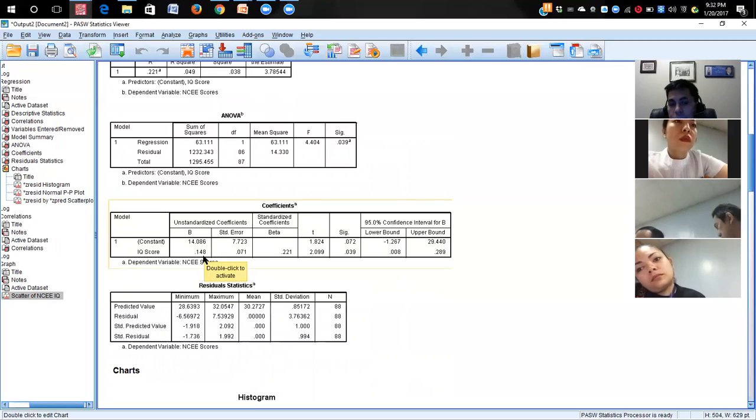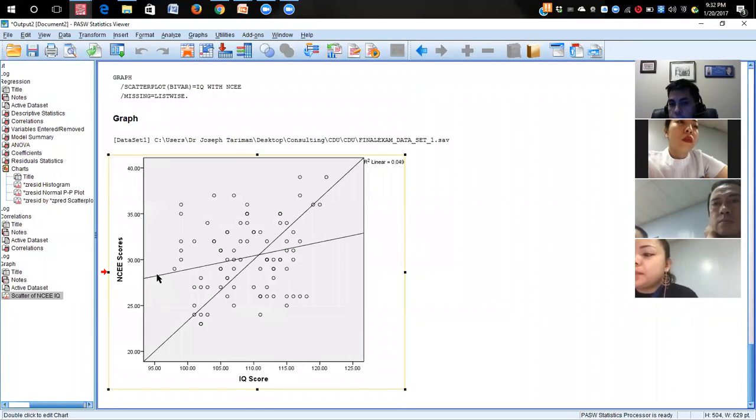The change is like for every 0.15 change in IQ score, you will get a 1 point increase in the NCEE score. That's basically a reflection of how it's not very steep. A very small amount of change will create a small 1 point increase in the NCEE score.